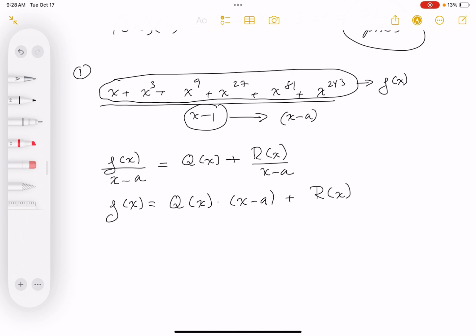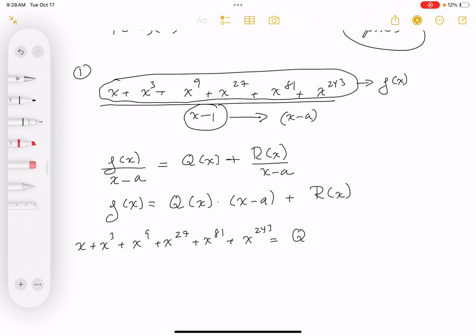Okay, let's write this down. So the f of x is x plus x^3 plus x^9 plus x^27, plus x^81 plus x^243. Over here, I don't know what q is, by the way.